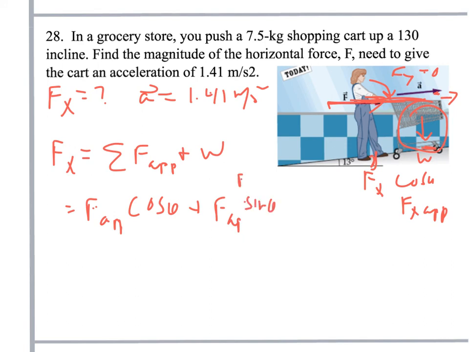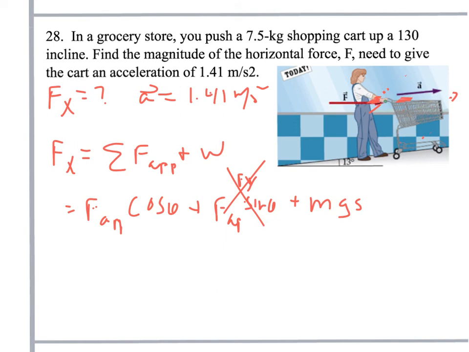This is in the y direction, but we know that'll drop out. And then our value for weight is mg, so it's going to be mg sine of theta. Let me erase all this here. So we have that as our mg sine of theta.